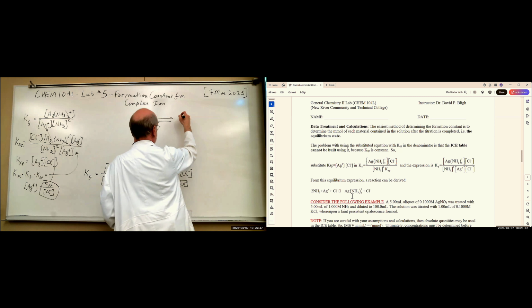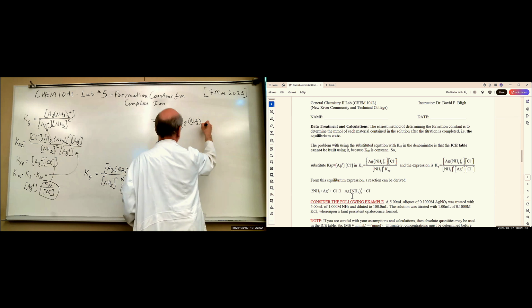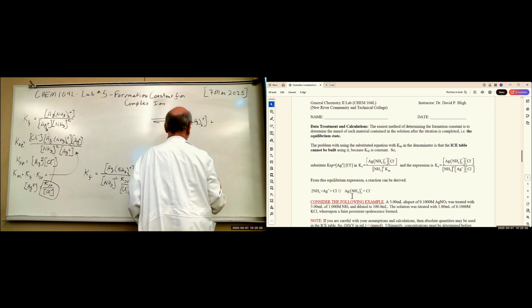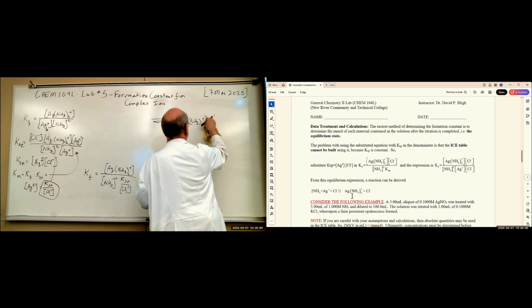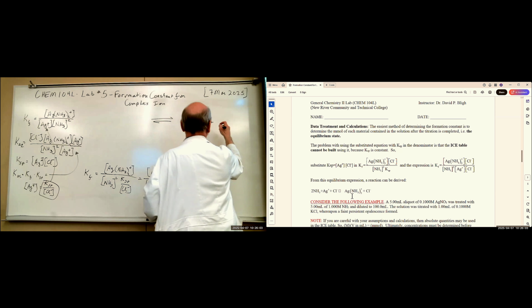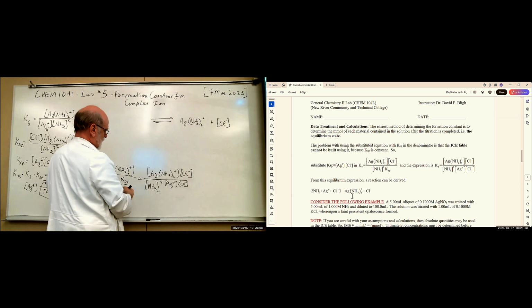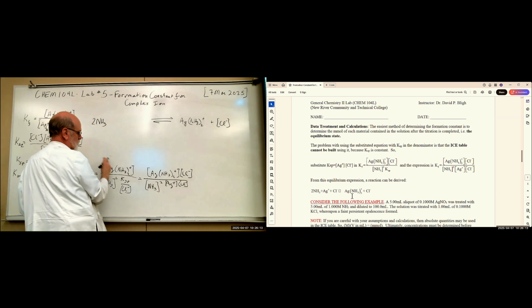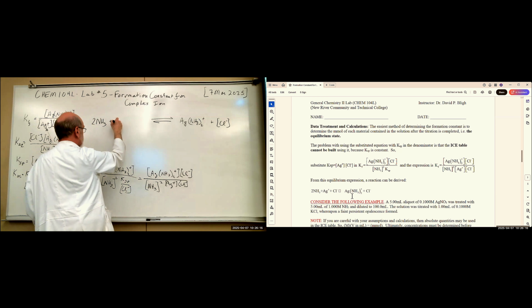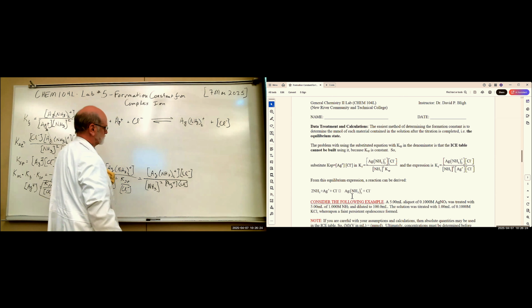On this side, we would have the complex ion. Well, actually, I don't need that, because this is a balanced equation. And chloride. And on the other side, we would have ammonia, right? 2 because it's squared. Then we'd have silver. I'm leaving out the aqueous part. Plus chloride on this side.